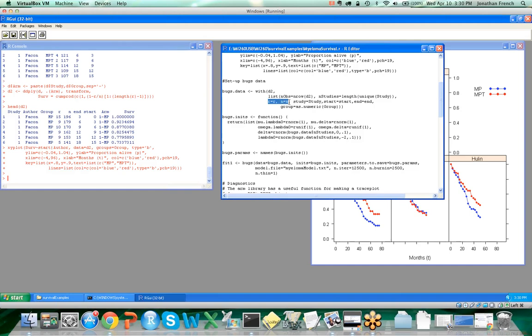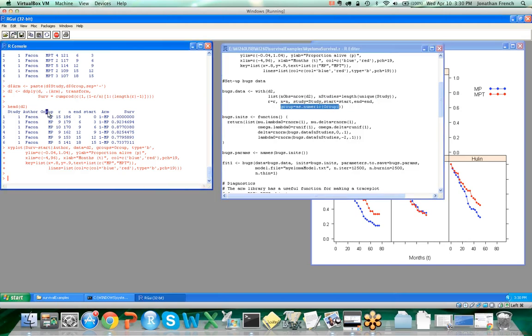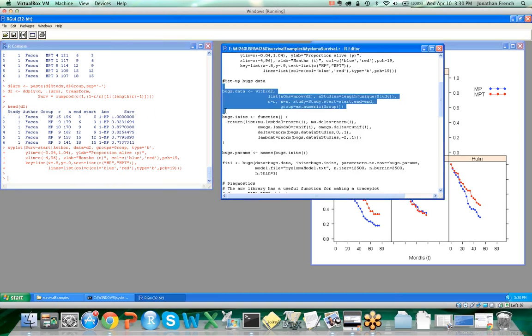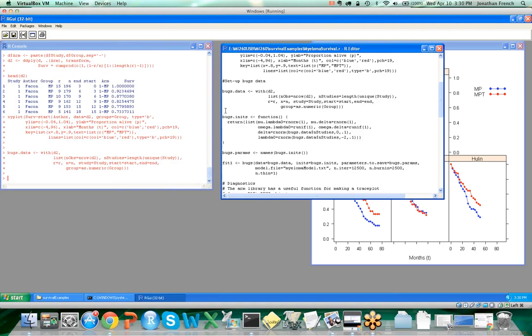R is just R, N is the number at risk, study is our study indicator, and start and end are just the same as start and end. And then we'll create a variable group that's a numeric version of this factor variable here. So we'll just create that list that we'll pass into BUGS.